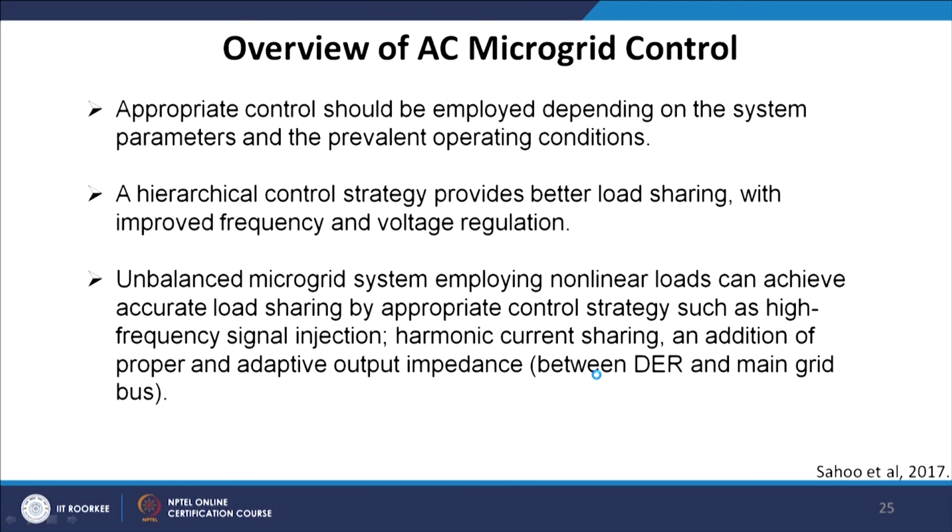An unbalanced microgrid system employing nonlinear loads can achieve accurate load sharing by appropriate control strategies such as high frequency signal injection, harmonic current sharing, and addition of proper and adaptive output impedance between DER and the main grid bus.